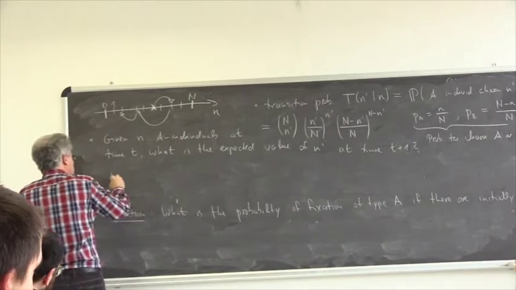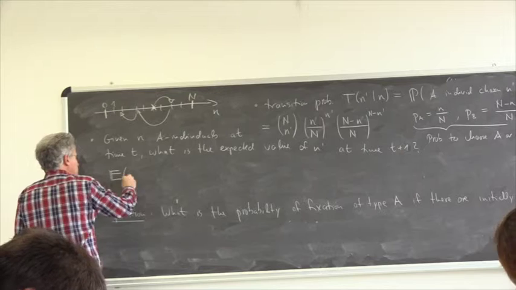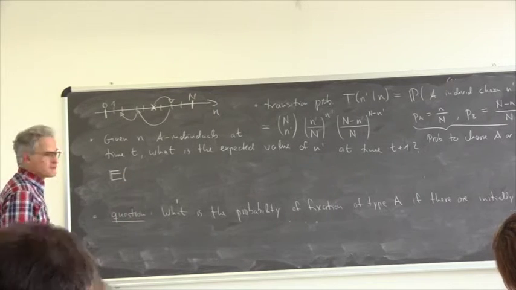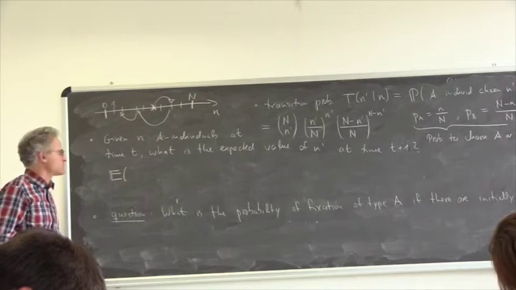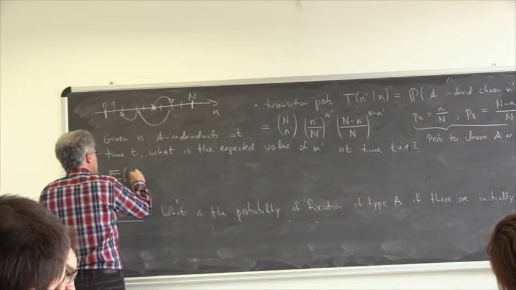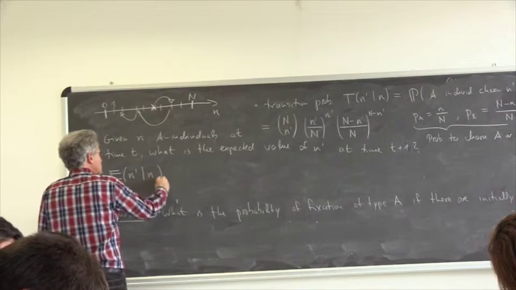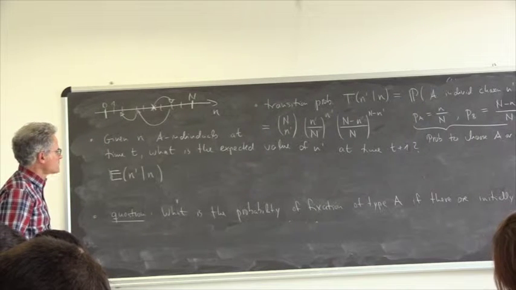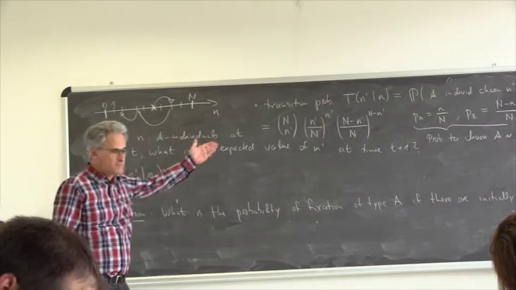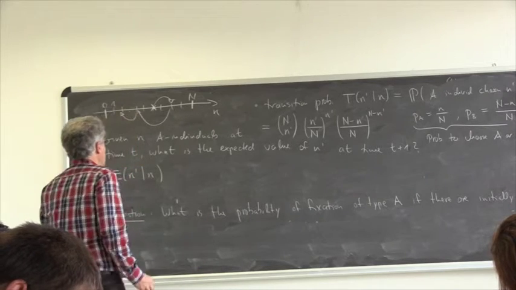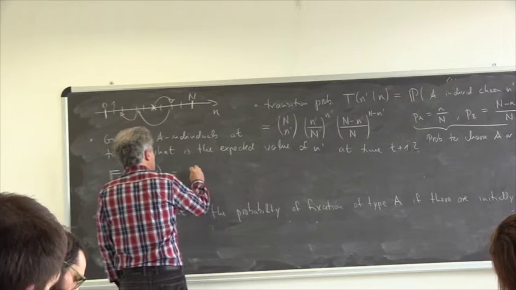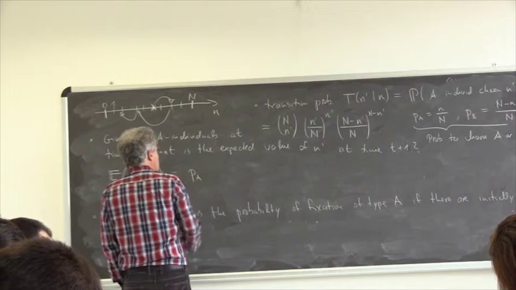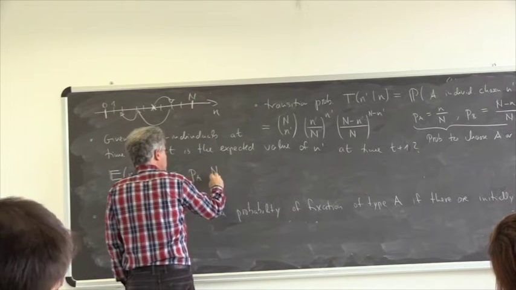Let me write this in mathematical notation. This is the symbol for the expectation value. So what is the expectation value of n prime conditioned on n? Now obviously, since this is just binomial sampling, this will be equal to the probability of choosing an A individual times the total number of individuals.